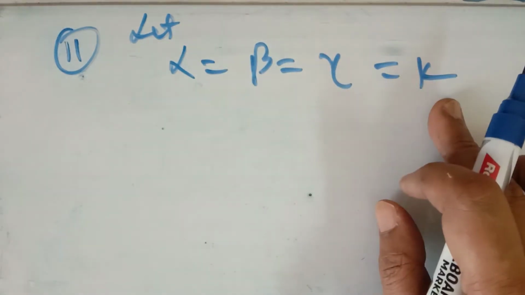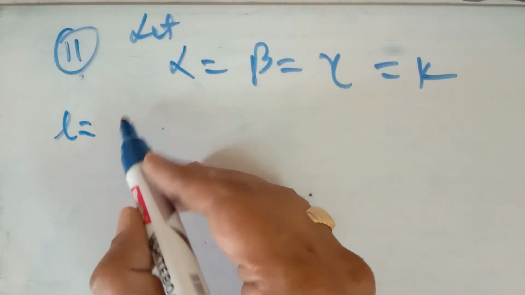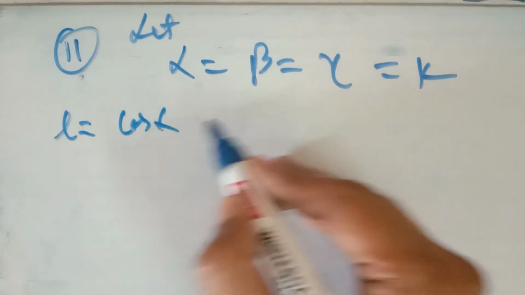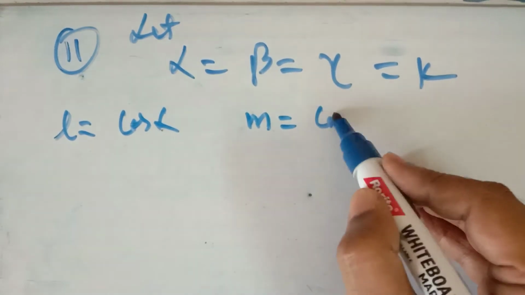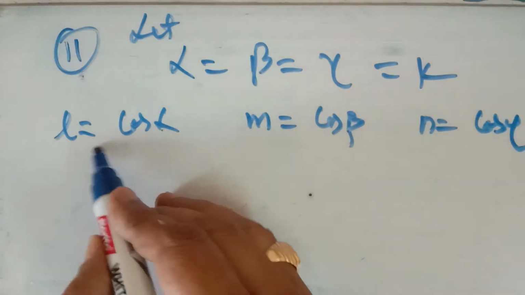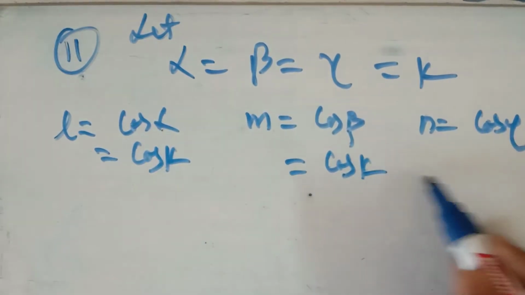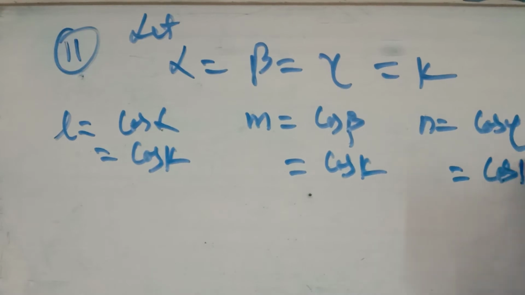Now we know that the direction cosines are l equal to cos alpha, m equal to cos beta, and n equal to cos gamma, and each is equal to k.